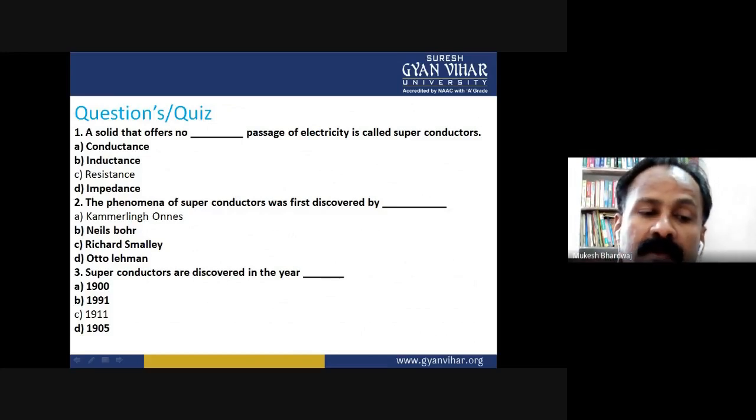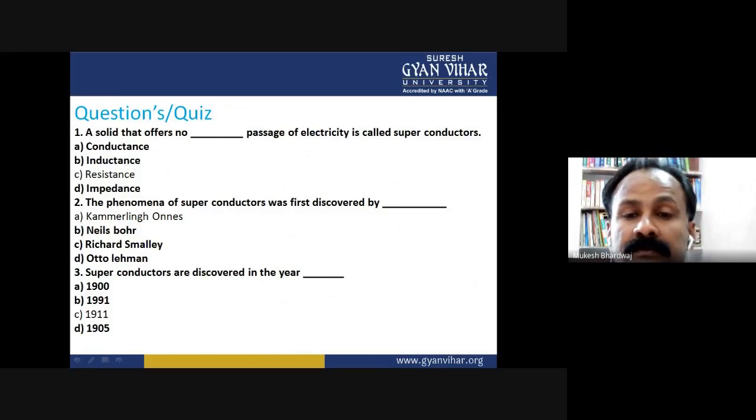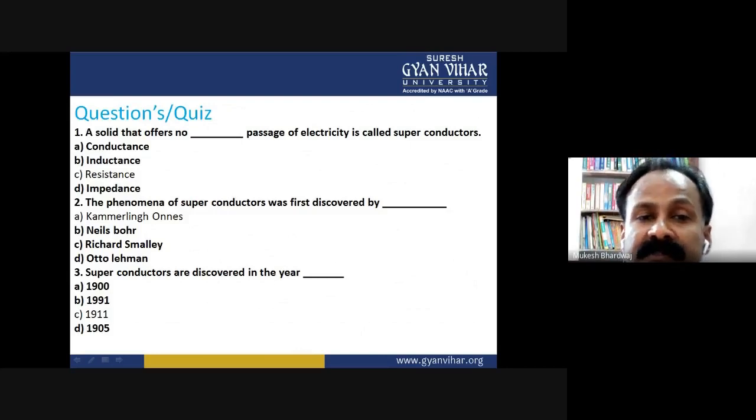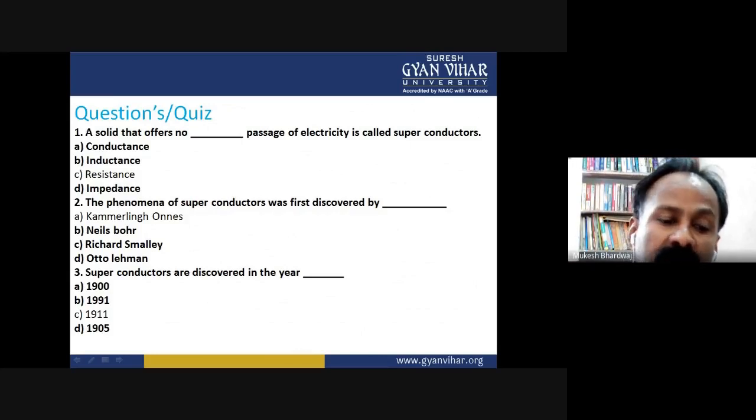On the other hand, hard metals and alloys have different magnetization characteristics as shown and are called type second superconductors or hard superconductors.